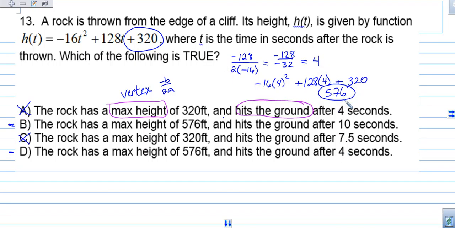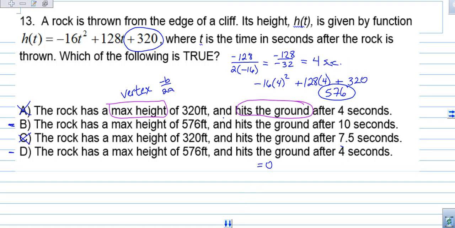We just said its maximum height is 576 feet, and the ground is at 0, because it's 0 high. So the rock could not possibly be on the ground if it's 576 feet in the air at 4 seconds, which we found right here. That doesn't make any sense. So don't just jump on that because we saw 4. But how would you figure this out?